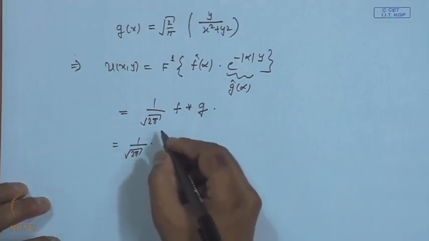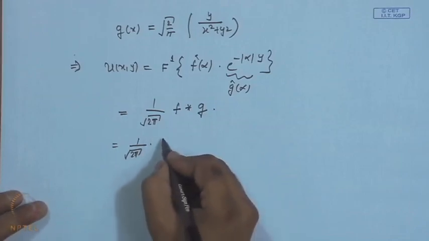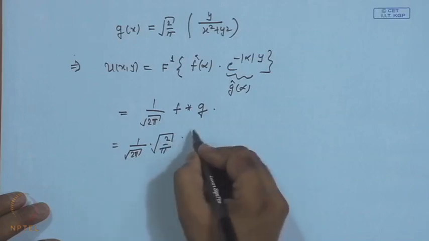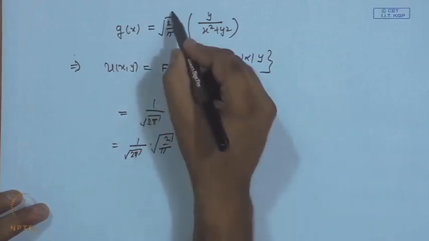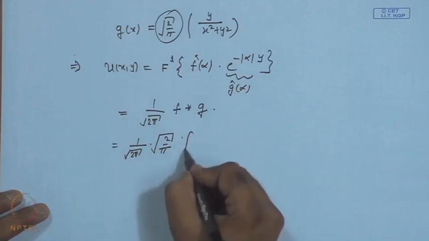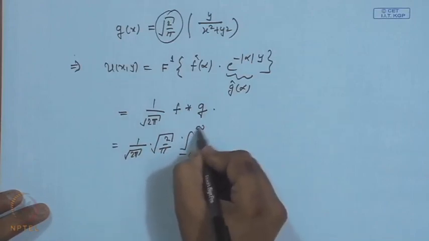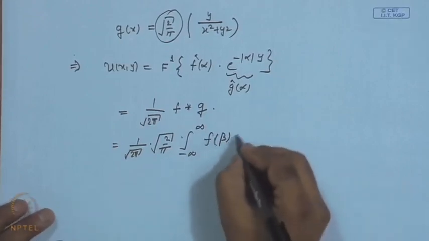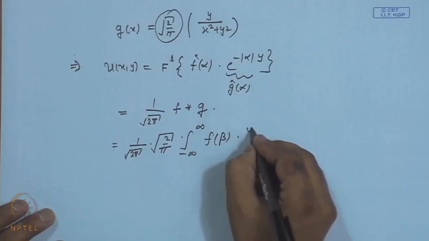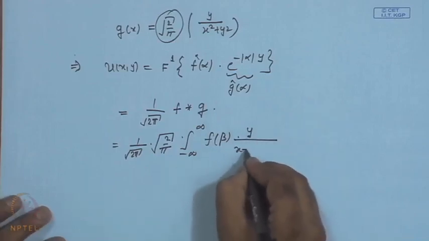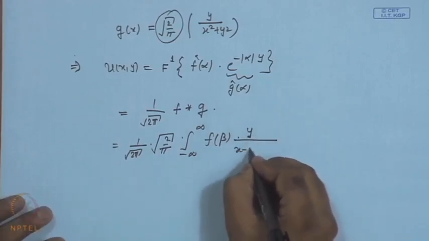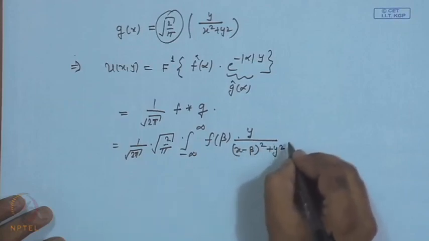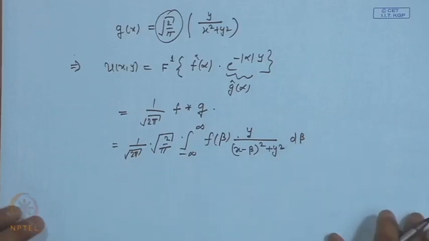This convolution we can write down: we have 2 over π, because of the factor in g, and then the integral from minus infinity to plus infinity of f(β), where we introduce this integrating variable, times y over (x − β)² + y², where we replace x by x − β for the convolution, and we have dβ.